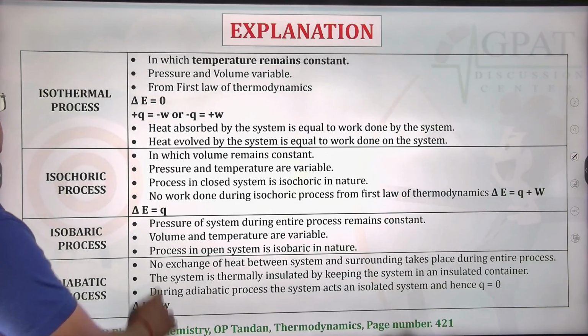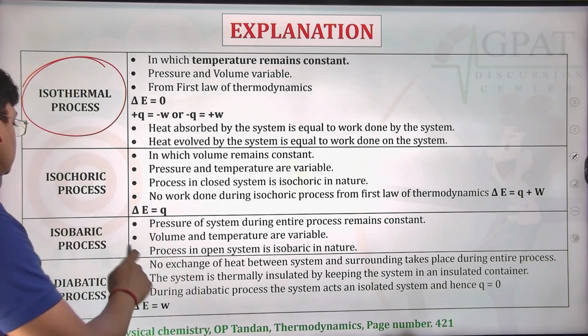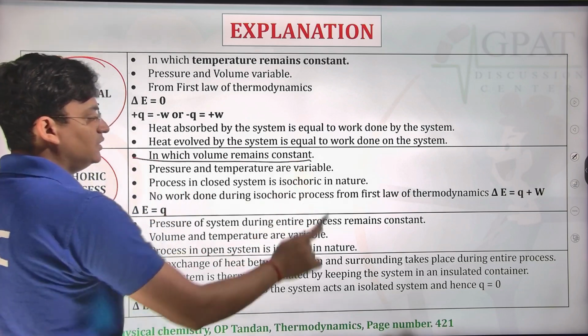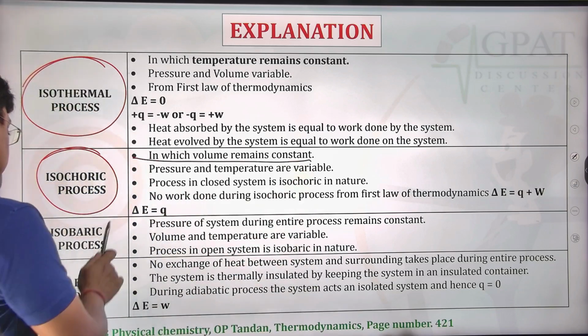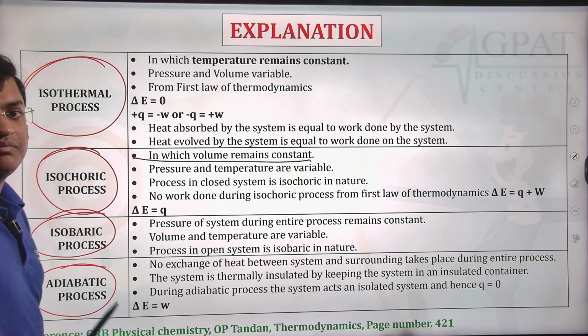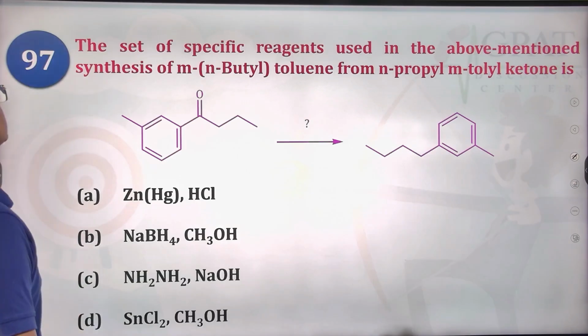In our C option, that is isothermal process when the temperature remains constant throughout the reaction, isochoric or isometric when the volume of the system remains constant throughout the reaction, isobaric, that is pressure constant, and adiabatic, that is there is no exchange of heat in the system.